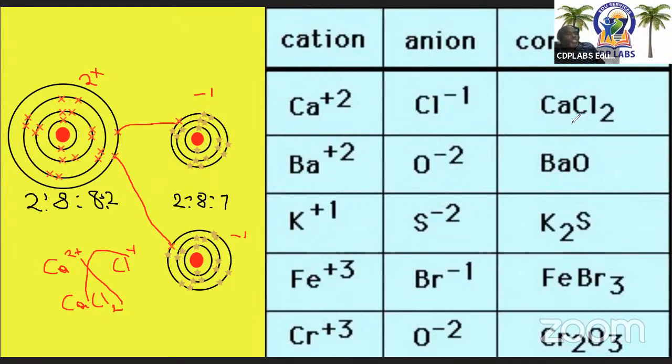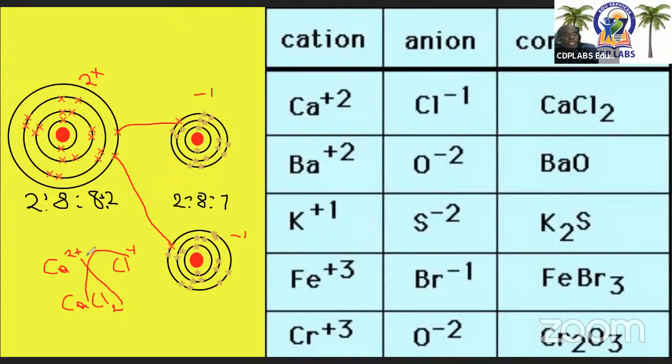It told you that you must, okay, what I said, Makeda, is that I was asking the question, how many chlorine atoms was needed to bond with the calcium atom? And the answer was 2. So now I'm showing you how to write the compound or write the formula for it.